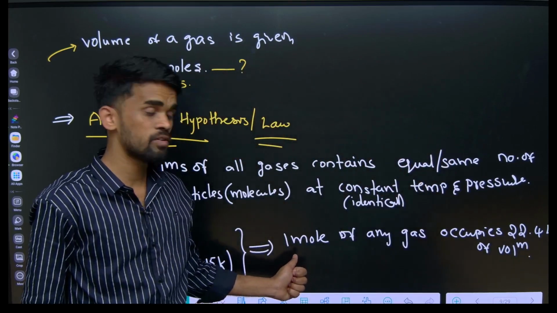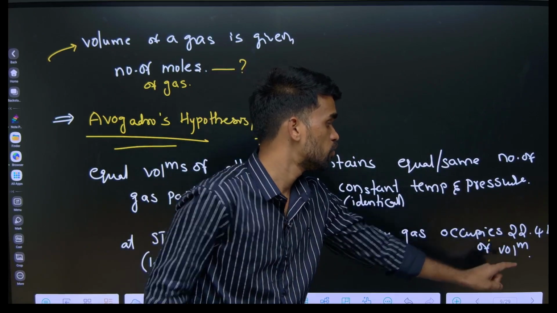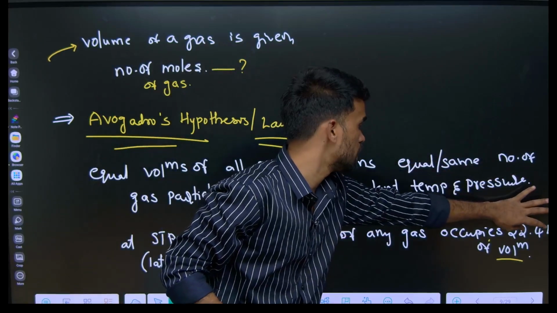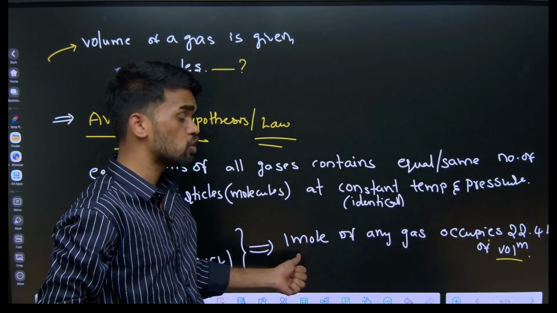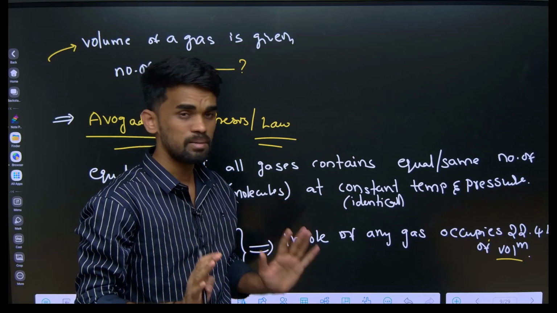So 1 mole of any gas occupies how much volume? That will be 22.4 liters, and that will be fixed. So if you take 22.4 liters at STP condition, it contains how many moles of gas molecules? It will be having 1 mole of gas molecules.